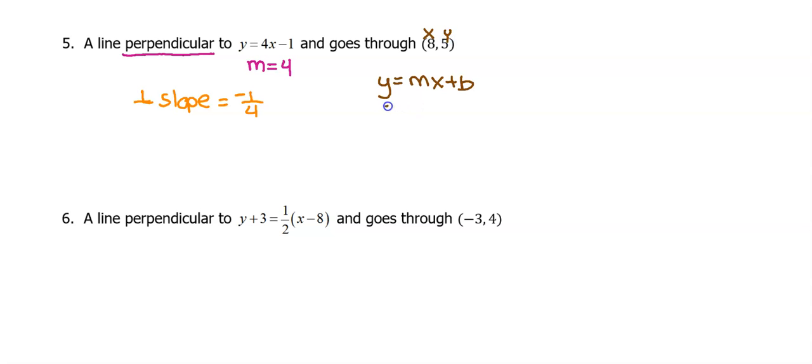So we're going to say 5 was my y value, -1/4 for the slope. x is 8. I'm going to put that over 1 to help out. And we're going to look for that b. Here, 4 goes into 8 2 times. So this is going to say 5 equals -2 when I reduce.